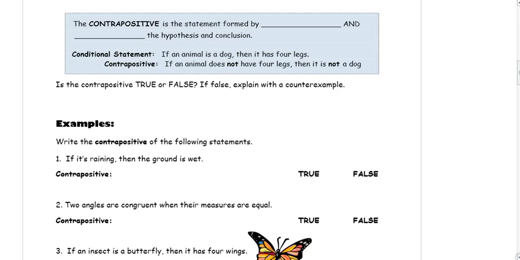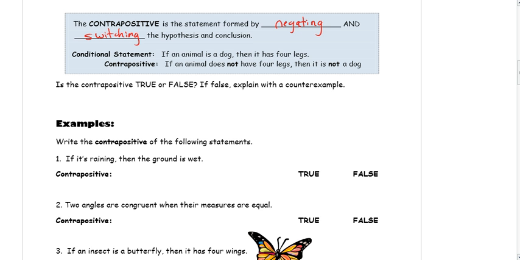Scrolling on down. We also have the contrapositive of a statement. What happens with that is we are going to form it by negating and switching. So basically it's a combination of converse and our inverse.